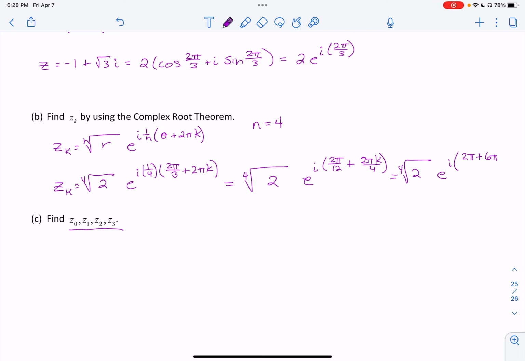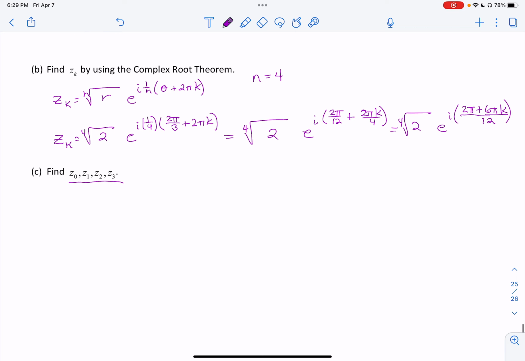Am I thinking right? Multiplying top and bottom by 3, it's going to be 6 pi k, all of this over 12. Look, my notes are wrong.